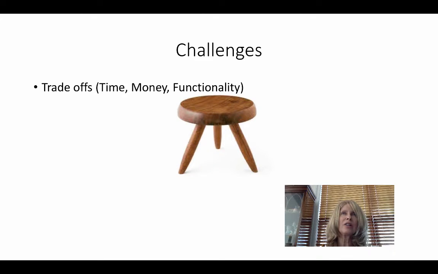When I think about the challenges of building the best system you can, looking at functionality, looking at best practices, there's three trade-offs that I always think about: time, money, and functionality or quality. In IT, those will be the three areas you will continually have to contend with.